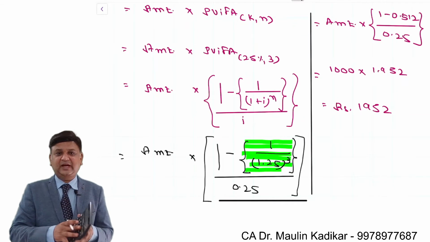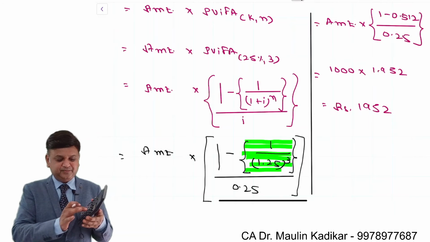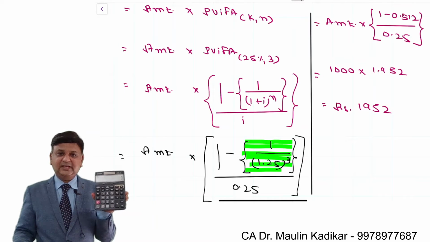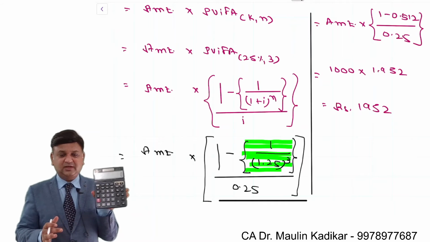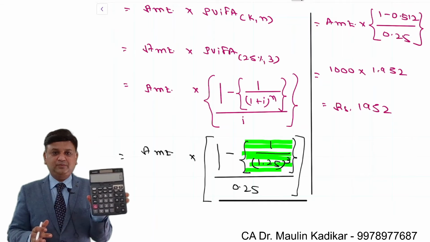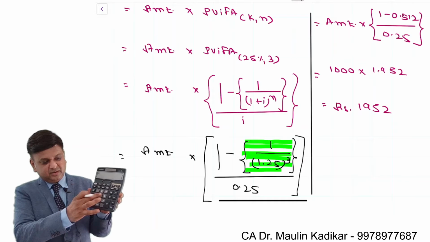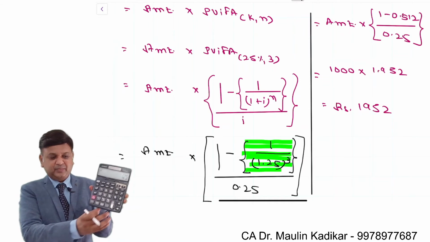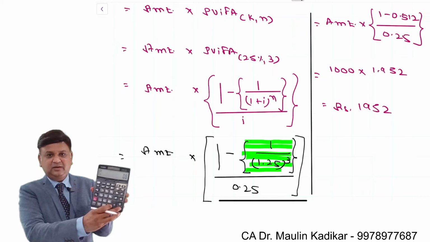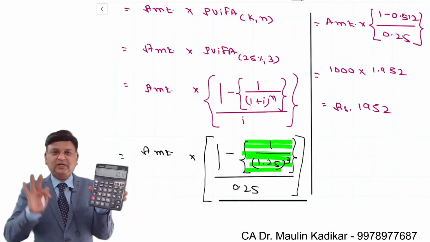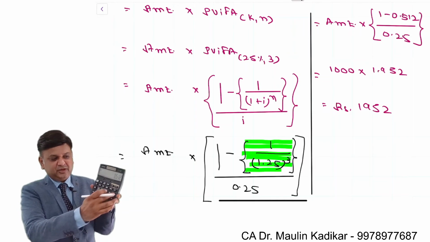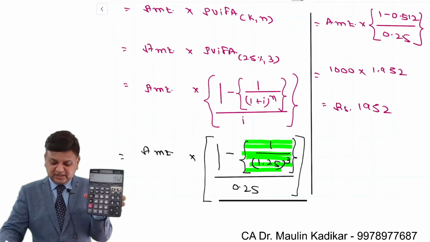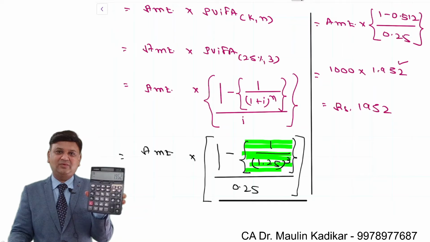Dear students, those who have a calculator with a GT button, GT stands for grand total, in that case you can do this answer by a shortcut method. I just explain that to you. It is 1 divided by 1.25. You press equal to 3 times. Then you press GT. You'll get the annuity factor directly, 1.952.